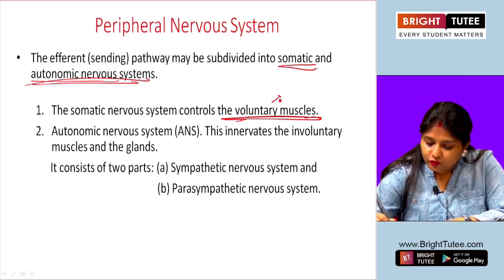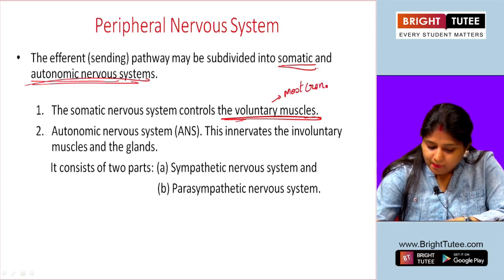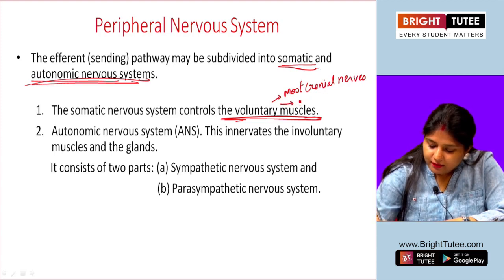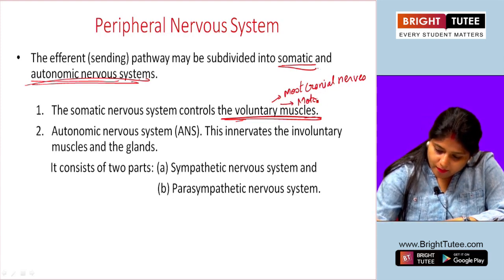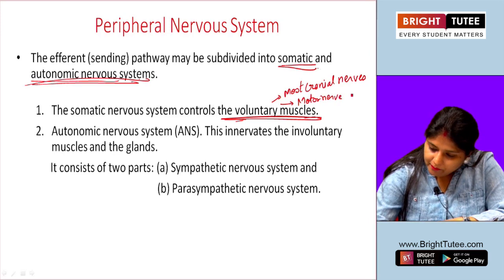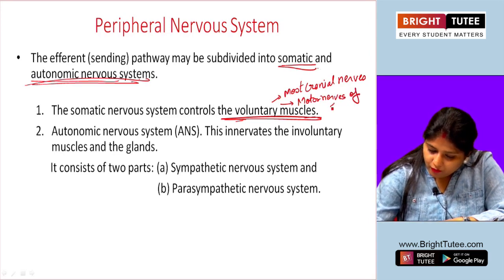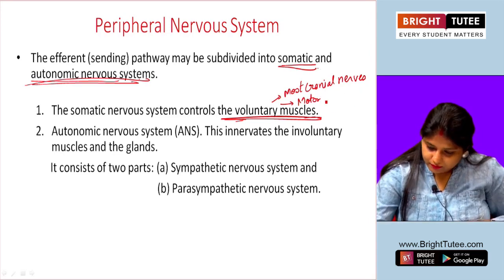So it includes most of the cranial nerves as well as the motor nerve fibers of spinal nerves, right?